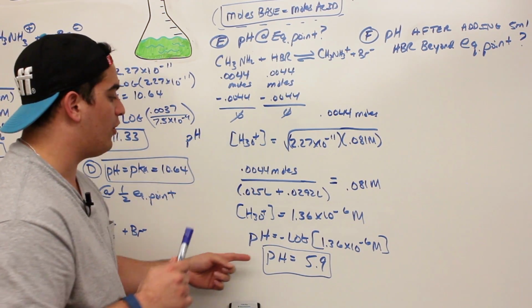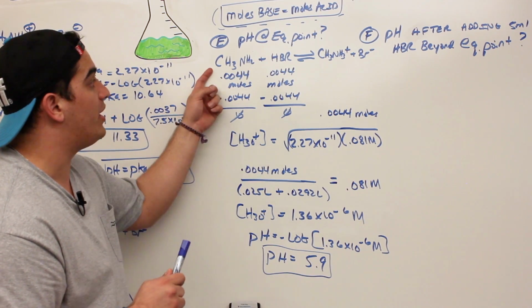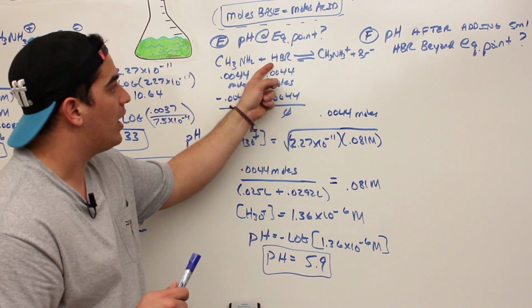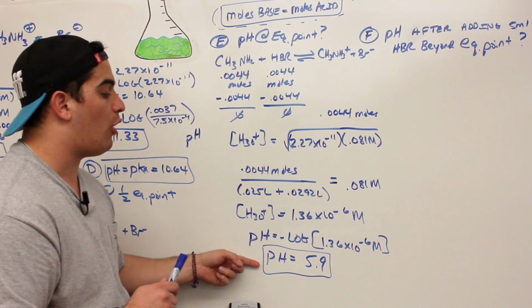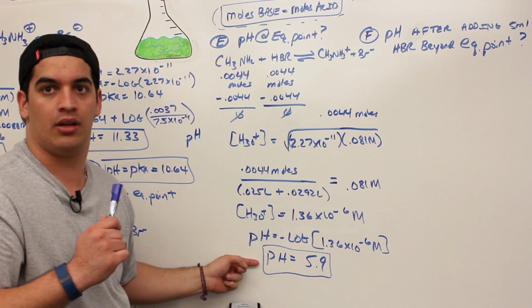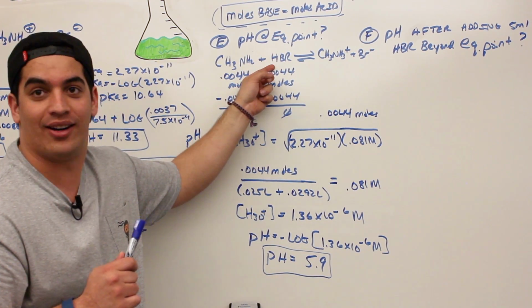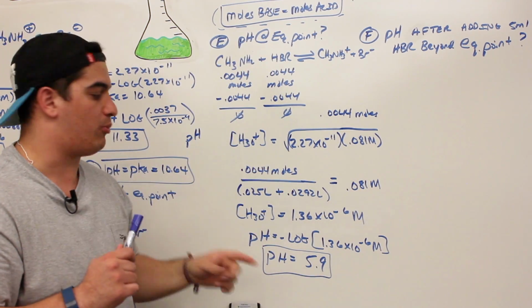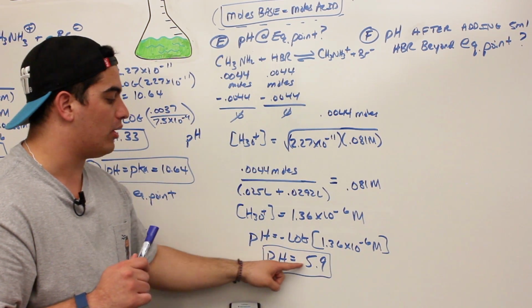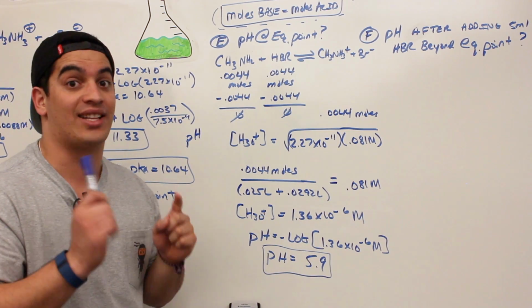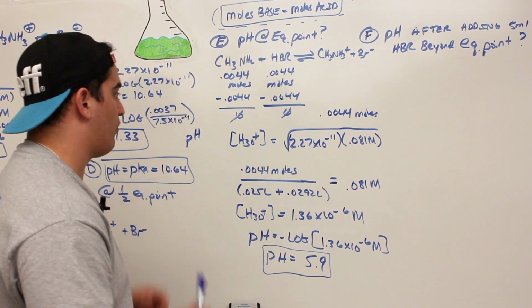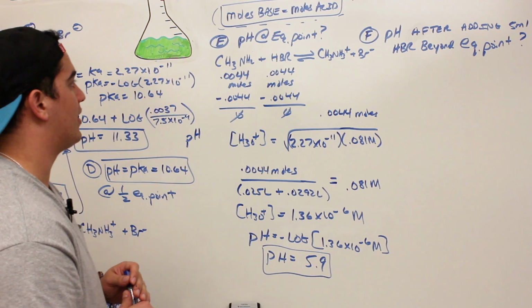Well, in this case, if you're reacting a weak base with a strong acid, the pH at the equivalence point should always be less than 7 because you have a strong acid here. So it should be bringing it below the neutral point, so below 7, in this case 5.9. That's good. So that means we're on the right track here. So again, that's how you get that answer.